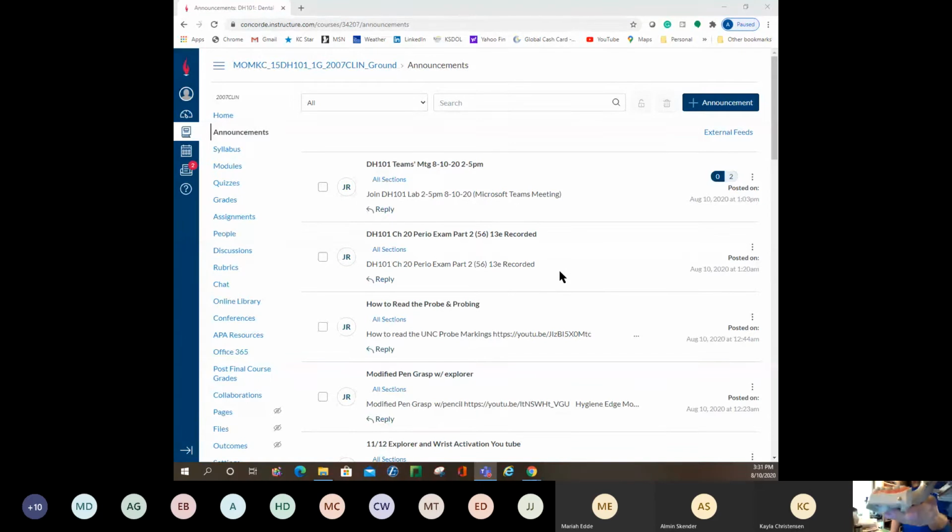The thing with the posteriors is you can flip like this with one instrument. You just have to really adapt it so that it's not going into the tissue. But when you are on the anteriors, I'm behind the anteriors, and you're going to find the right end. Let me find it.